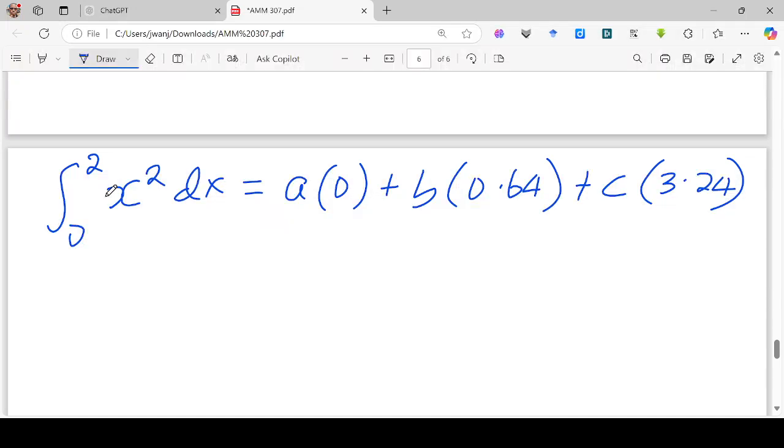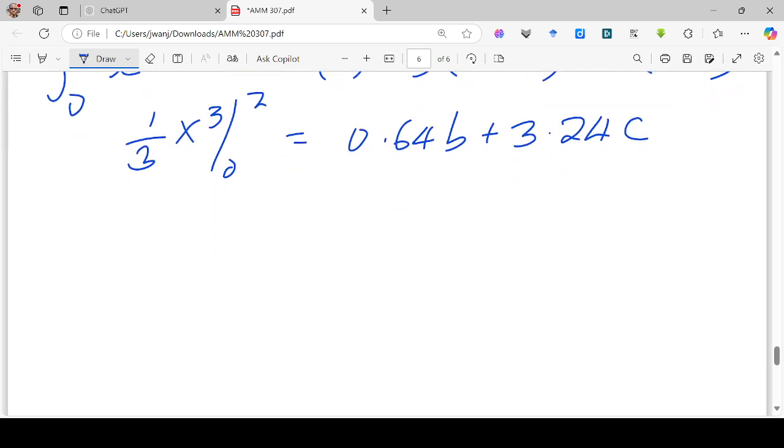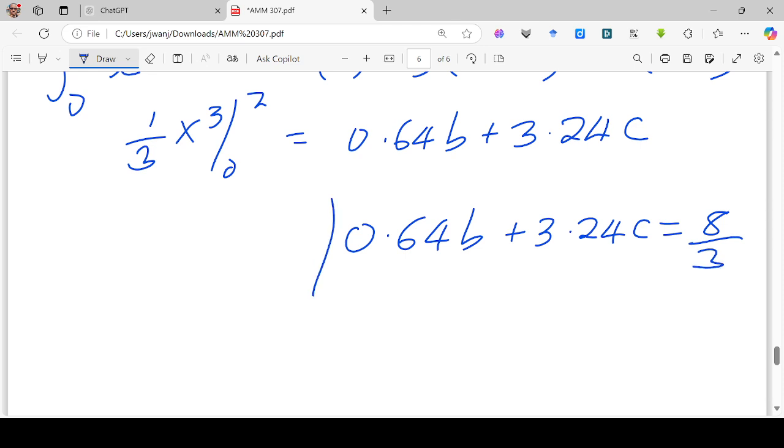The integration gives us 1 over 3 x cubed from 0 to 2 equals 0.64b plus 3.24c, so that we get the equation 0.64b plus 3.24c equals 8 divided by 3. This is the third equation.